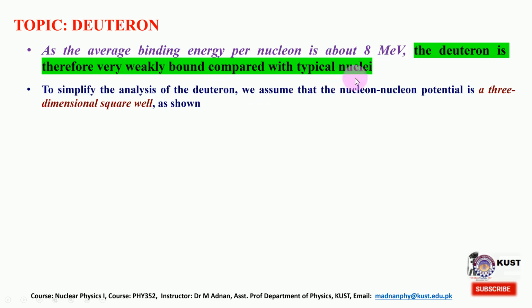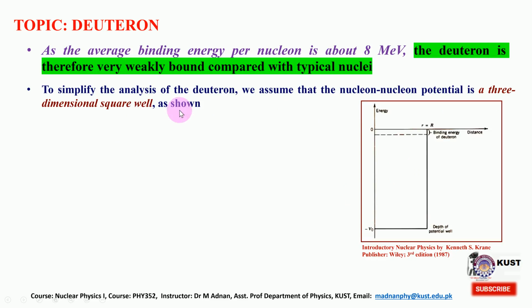Now, in order to study the interaction of this weakly bound system, which contains one proton and one neutron, we need to base our discussion on a three-dimensional square well potential.